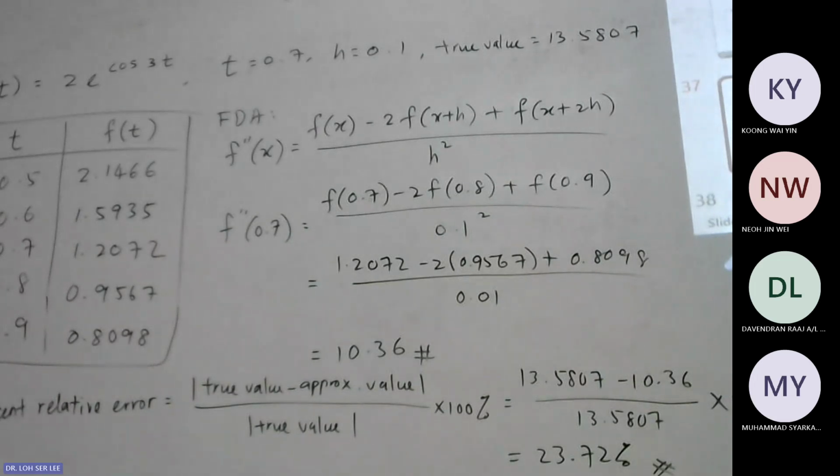The relative error means we want to compare our approximations with the true value: true value minus approximation over true value. That is relative error. But because it is percent relative error, we need to multiply by 100%.